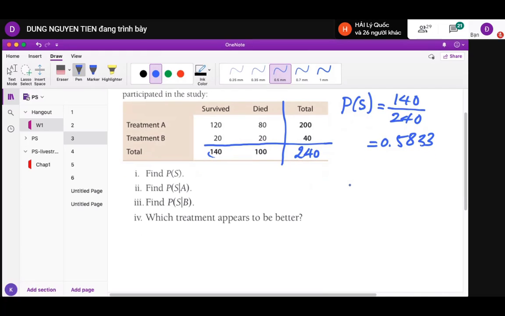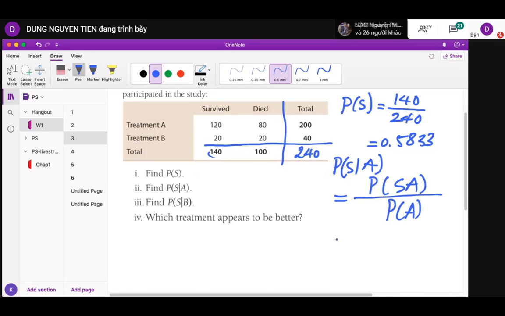How about the conditional probability of S given A? This is the conditional probability of the joint probability SA divided by the probability of A. The joint probability is 120 divided by 240.